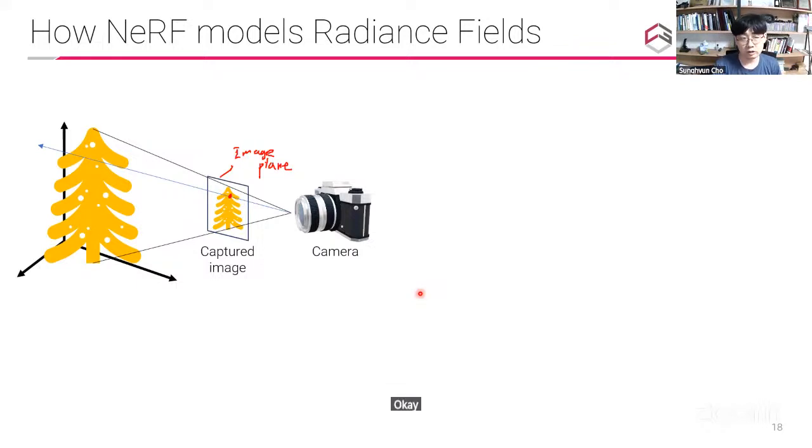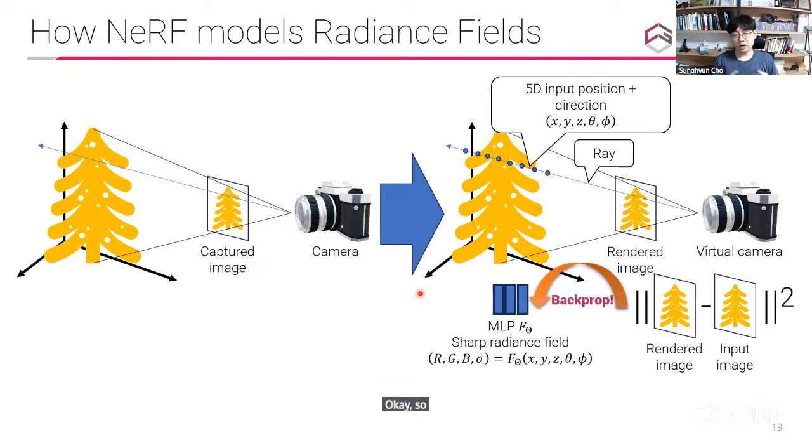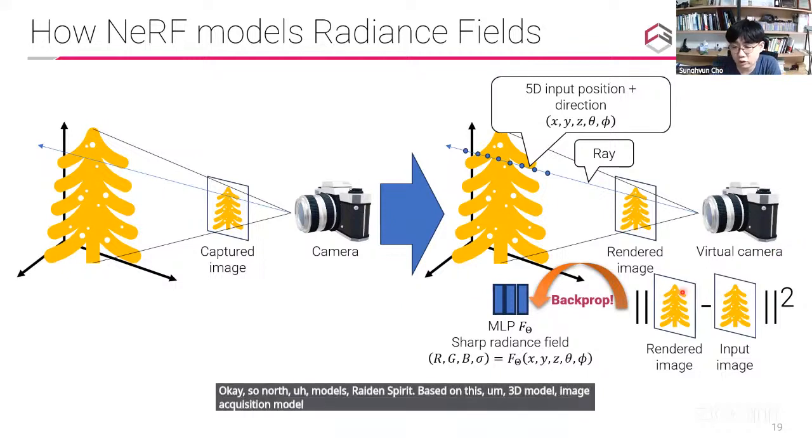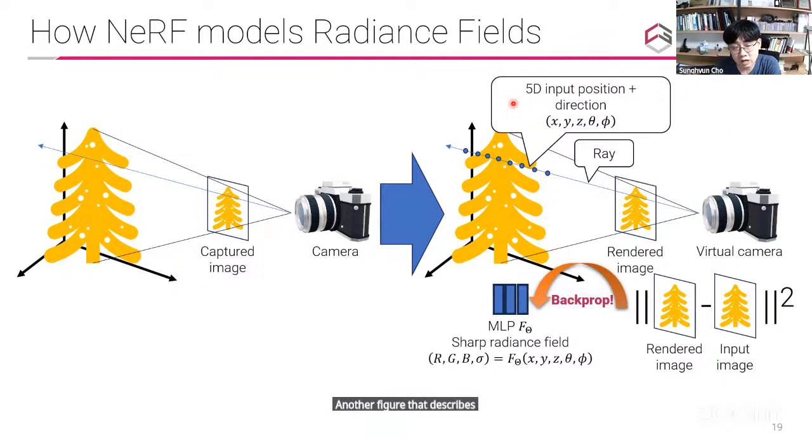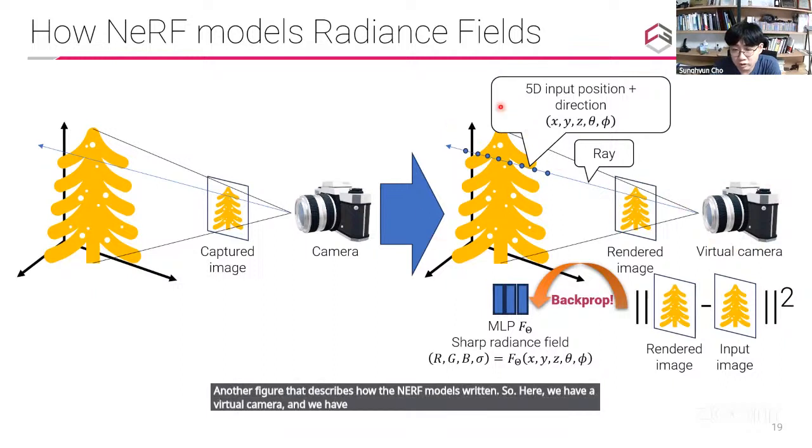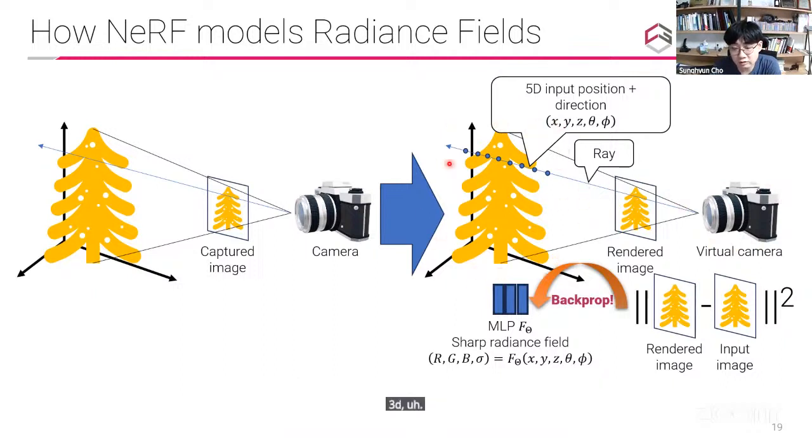Okay, so NeRF models the radiance field based on this 3D image acquisition model. On the right we have another figure that describes how NeRF models the radiance field. Here we have a virtual camera, and we have 3D information stored in this MLP, and this 3D information corresponds to the radiance field.